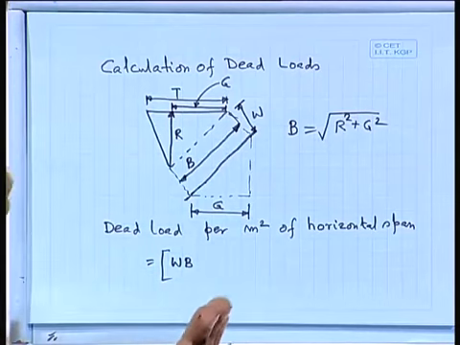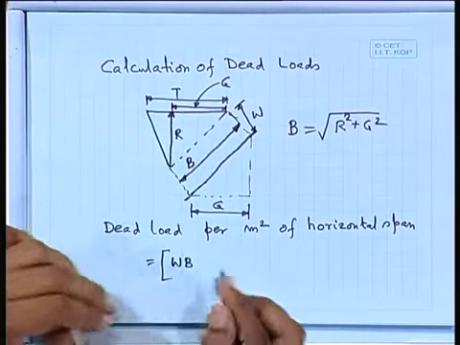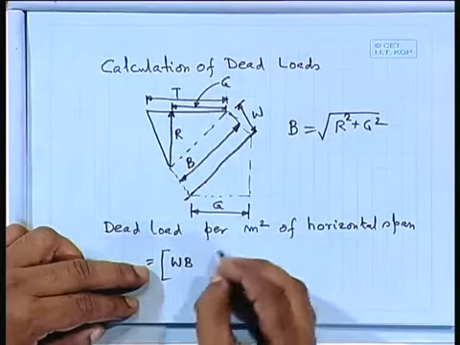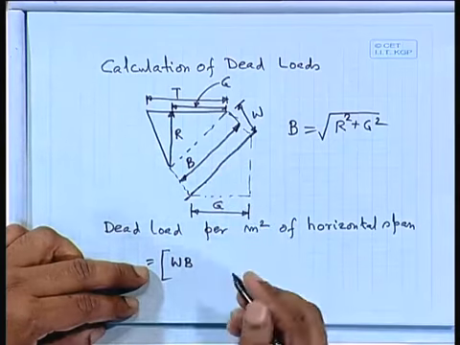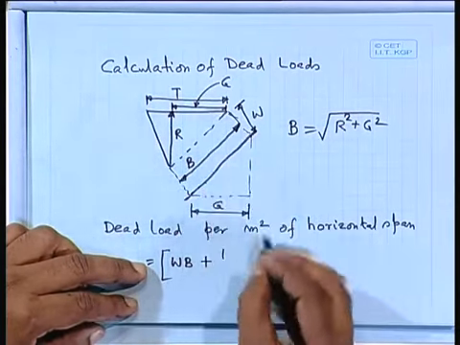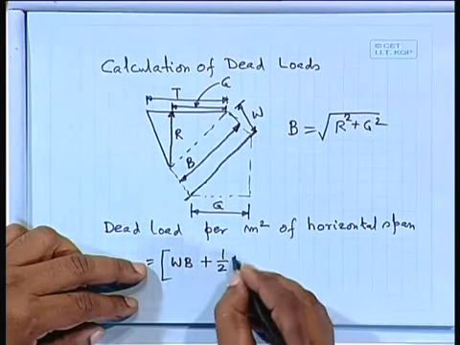That means we are taking the width of the staircase 1 meter. So WB, this is your WB times 1 times the unit weight of the concrete plus this triangle, which is half times R times T.